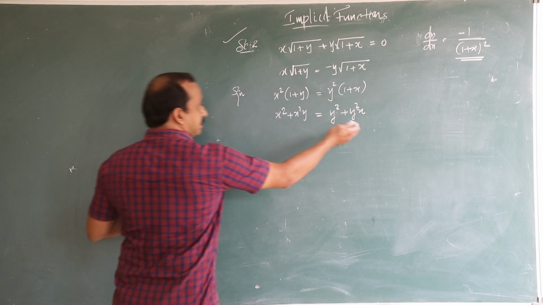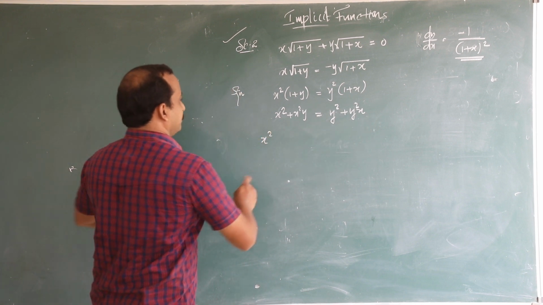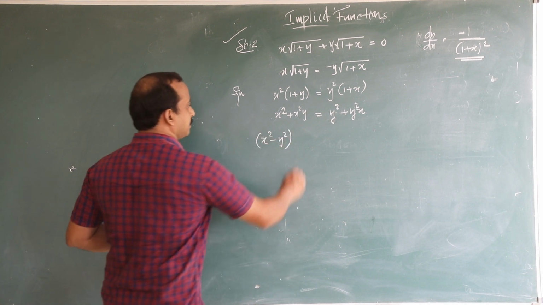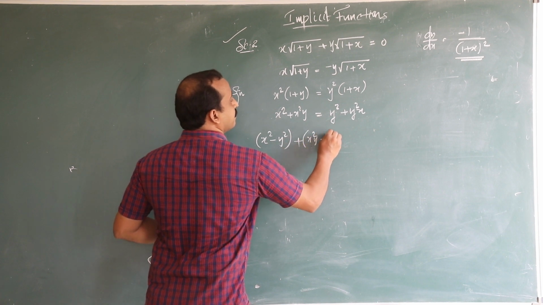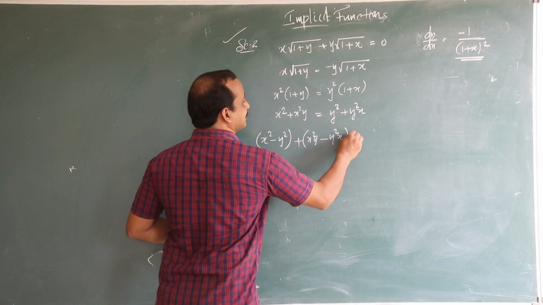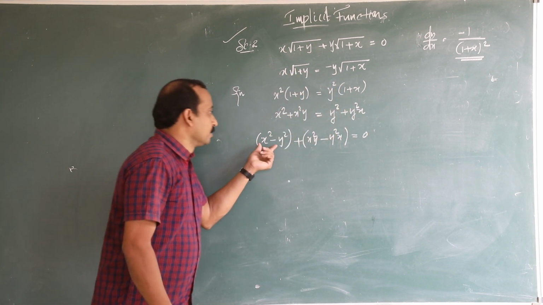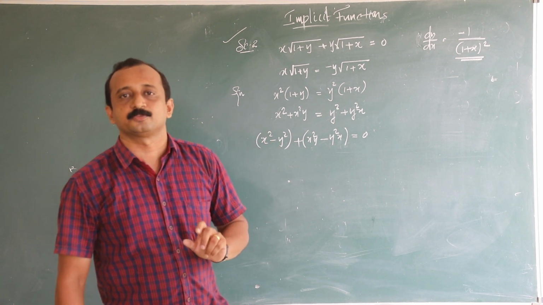Now we shift the right side terms to the left side and group the same power terms, that is x square minus y square in the first bracket, plus the second term x square y minus y square x is equal to 0. Now factorize. This is of the form a square minus b square, and you know a square minus b square is (a plus b) into (a minus b).